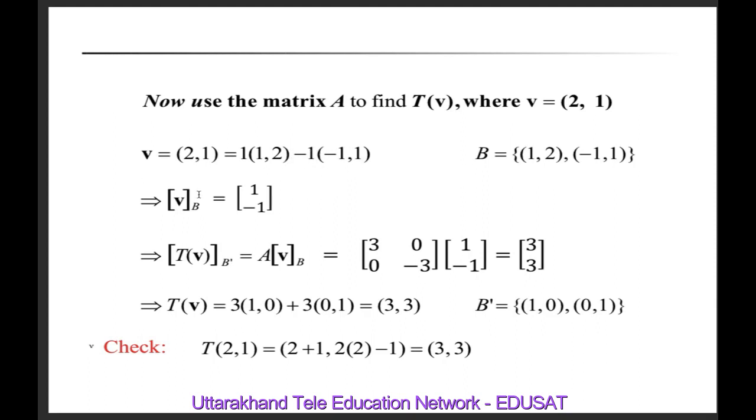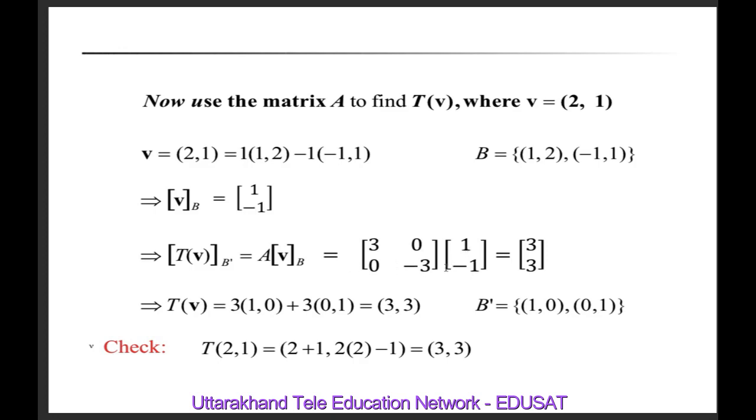So VB is equal to (1, minus 1). Therefore, [TV]B dash is equal to A[V]B. A we have calculated to be (3, 0; 0, minus 3). VB we have calculated as 1 and minus 1.